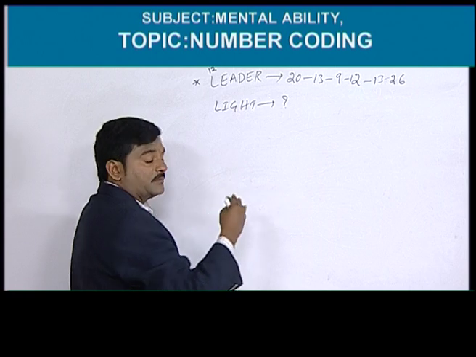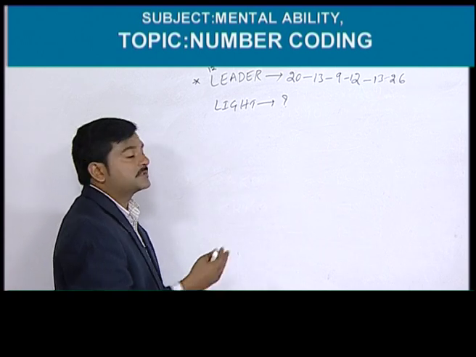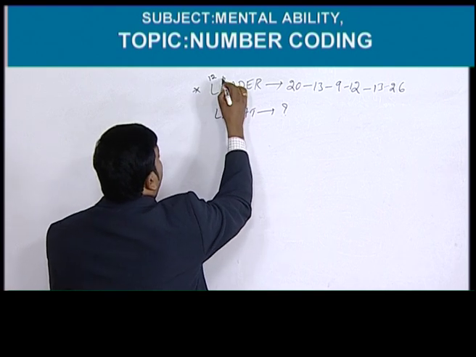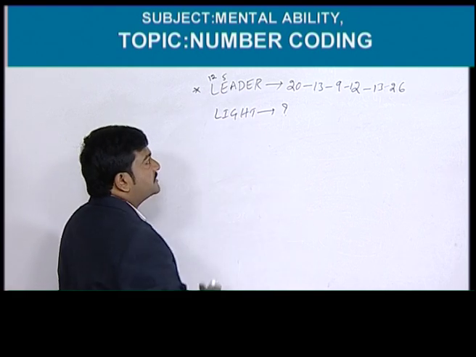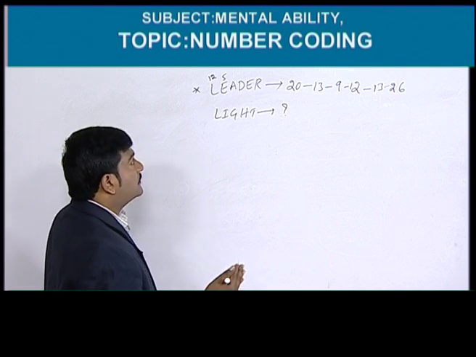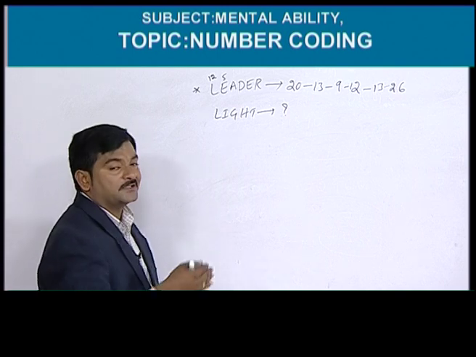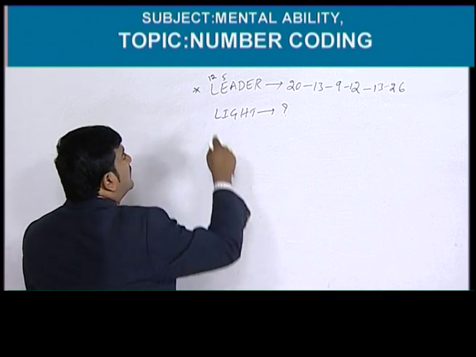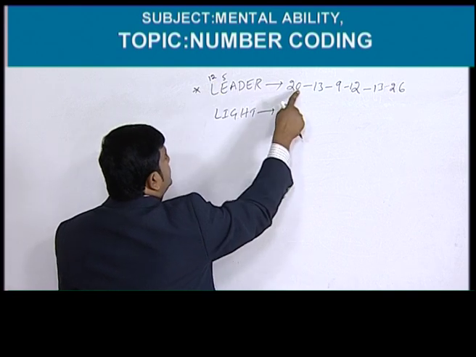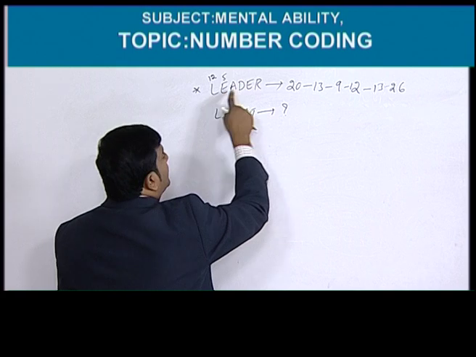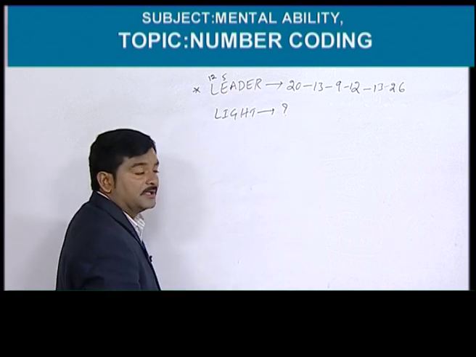What does it mean? We cannot decide by looking at only one letter. Still, we can further discuss the second letter. E means how much? 5. But how much did he mention? 13. What is the relation between 12 and 20? Similarly, 5 and 13. Simply he added plus 8, right? I added 8 to 12, what came? 20. Similarly, I added 8 to 5, I am getting 13.